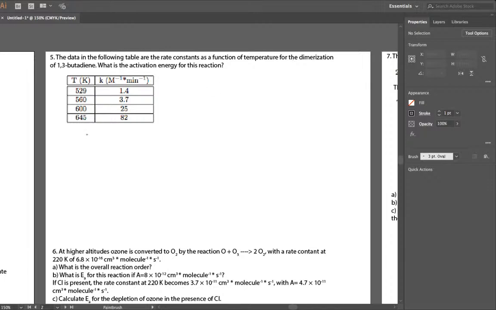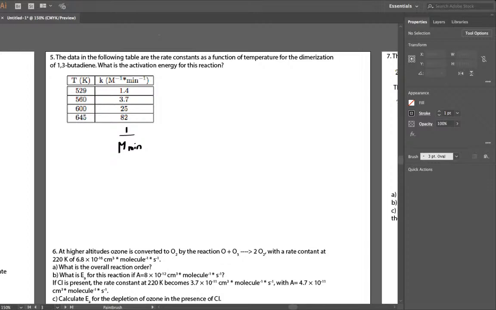So for this, why K is... wait, what? Let's see. What's the activation energy?